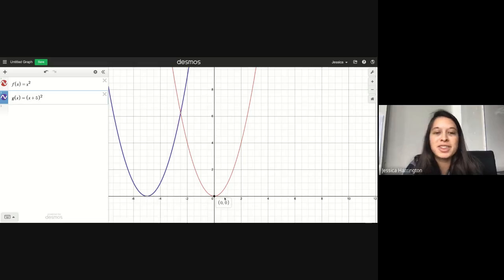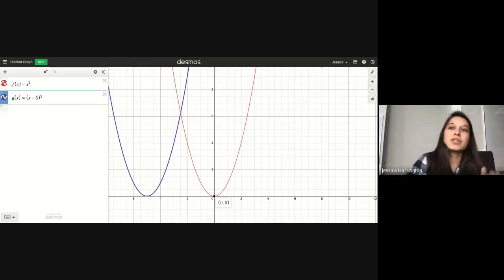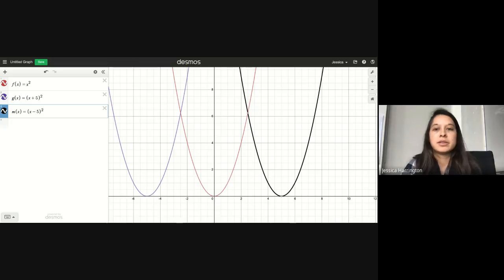So they moved to the left 5 spaces. So adding 5 just to the x moves the graph over to the left 5. And guess what? If I make this other function, x minus 5, the whole thing squared, now that I've subtracted 5 just from the x, it moves to the right 5 spaces. So it went from being at 0, 0, now it's at 5, 0.